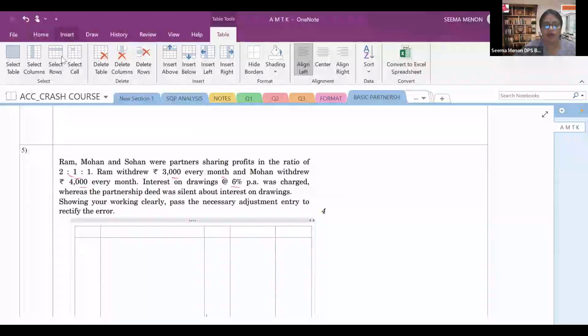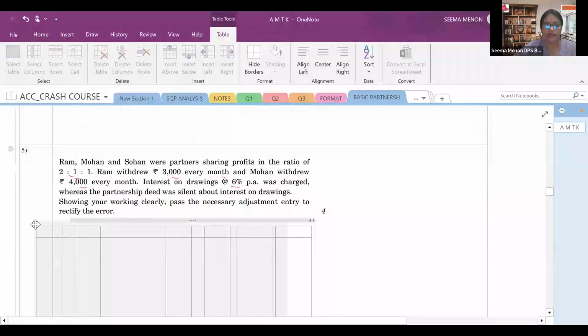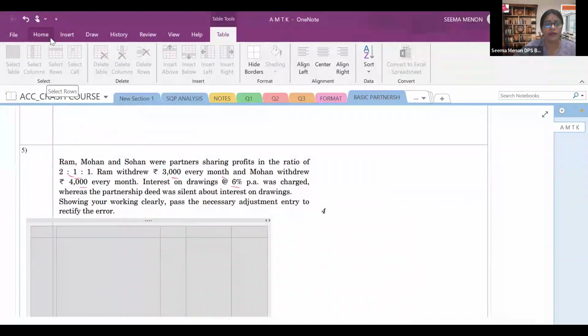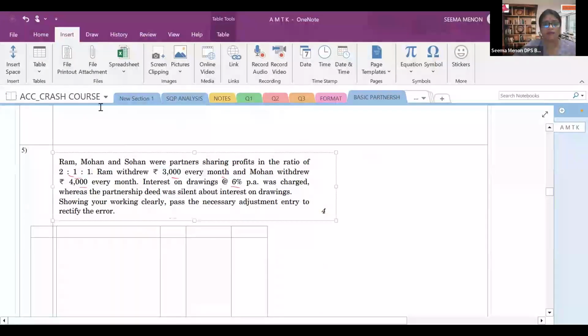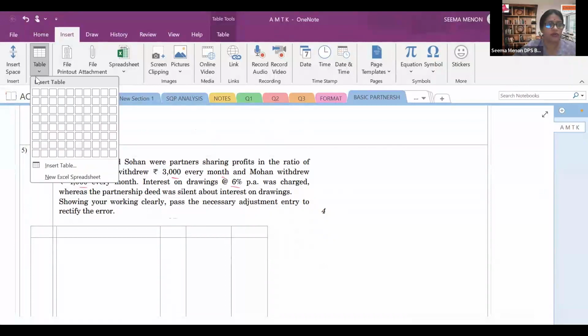So in working note, how will you do? What will you do? So let's see that. In the working note, you will be drawing a table showing the interest on drawings. So again, you need to draw the table. That table is called the adjustment table. So let's do that also.